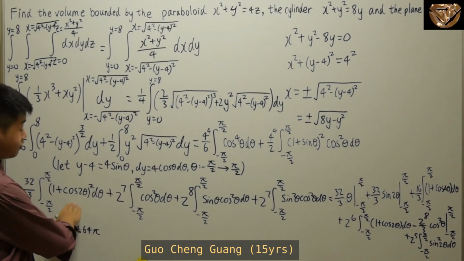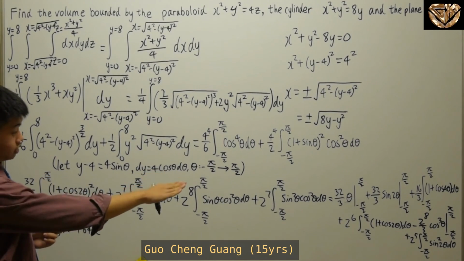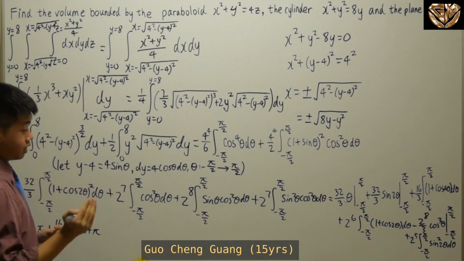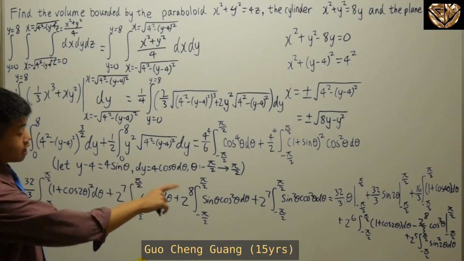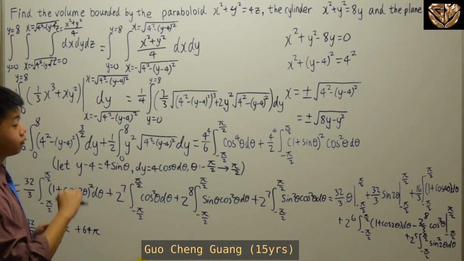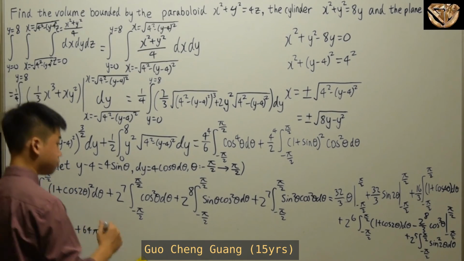And from what we have done previously, a cosine 2 theta will just become sine 2 theta, which will give sine pi and sine negative pi, which are both 0. So that part we also won't have. Now, cosine cube theta, when you substitute in half pi and negative half pi, both of them are 0, so that term is also 0.